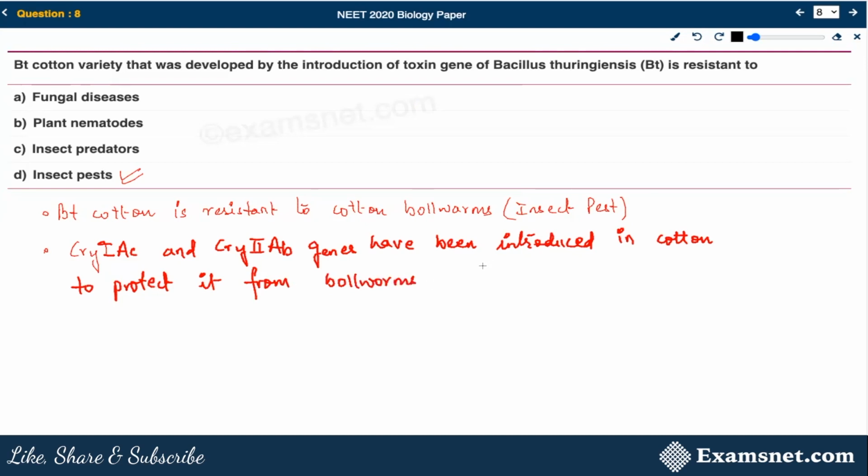And that's why BT is also considered a biopesticide. So you can say that BT cotton acts as a biopesticide.